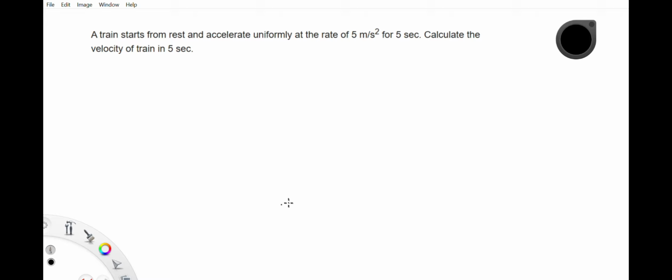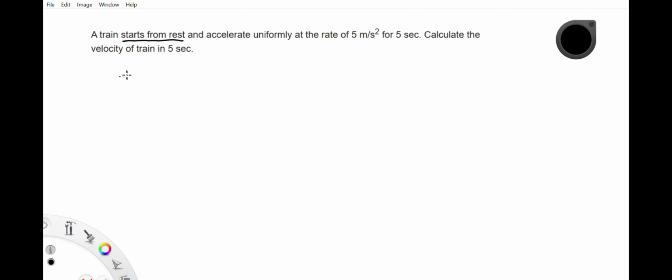Let us have a look at this numerical. It says that a train starts from rest and accelerates uniformly at the rate of 5 meter per second square for 5 seconds, and we are supposed to find out the velocity of the train in 5 seconds. Now it's given to you that the train starts from rest.